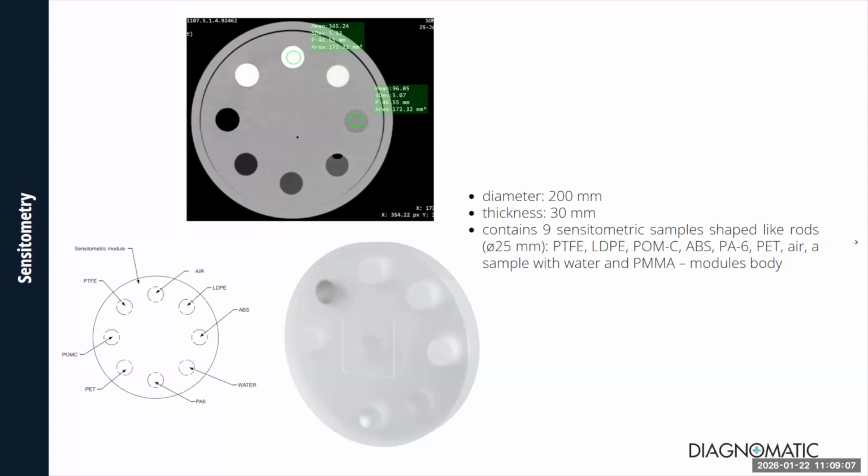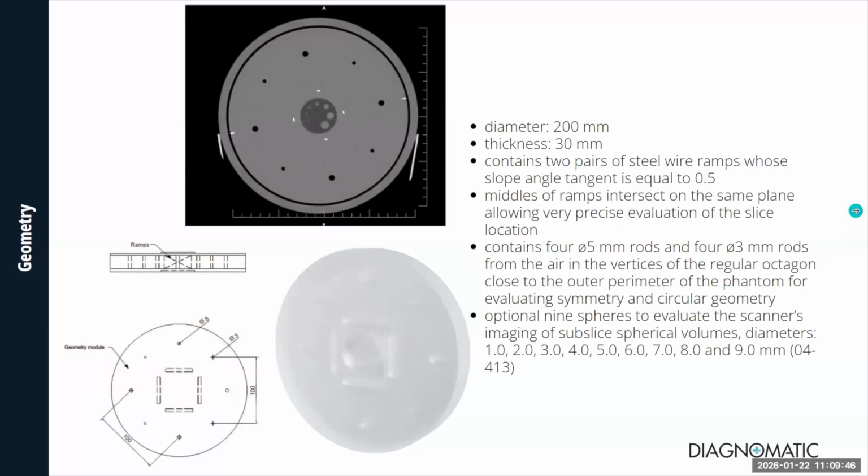The sensitometry model has different HU inserts that mimic different tissues, and compared to air and water that is quite relevant. With the water and air, we can easily evaluate the values and then refer to PTFE or POM, ABS that also have fixed values of contrast within certain limits.